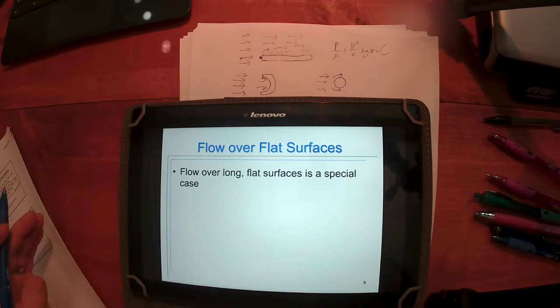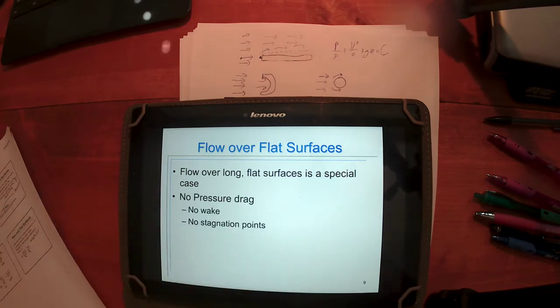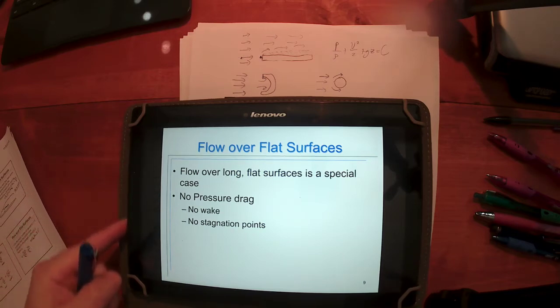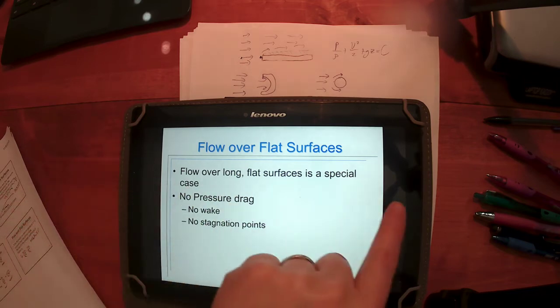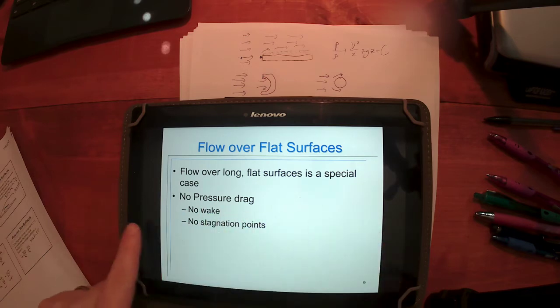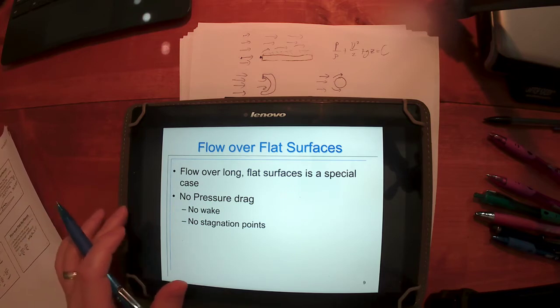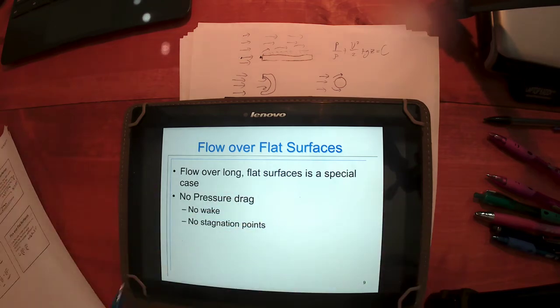And so this is a special case. When I've got fluid flowing parallel, especially parallel to a long flat surface, there's very little pressure. Right? There's very little pressure that builds up right here. Much more of the drag force is based on the friction of the fluid trying to flow over this surface. So there's minimal stagnation point here. There's not as much of a wake back here on the other side of fluids flowing this way, right?